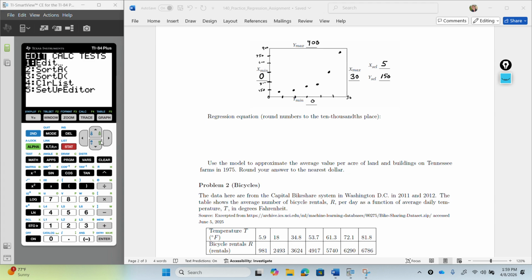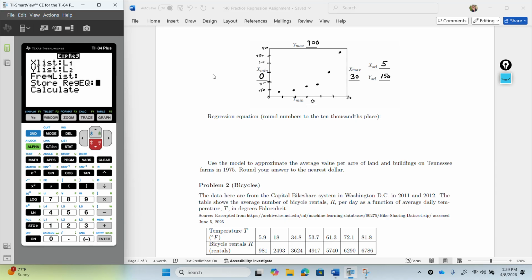So I'm going to click on Stat, go over to Calc, and scroll down until I get to exponential regression. There it is. I'm going to press Enter. Now, my X values were in list 1. My Y values have already been stored in list 2. And frequency list, we leave that blank.